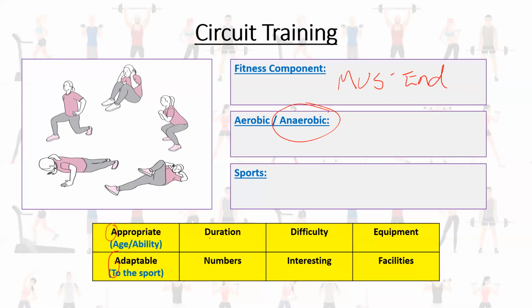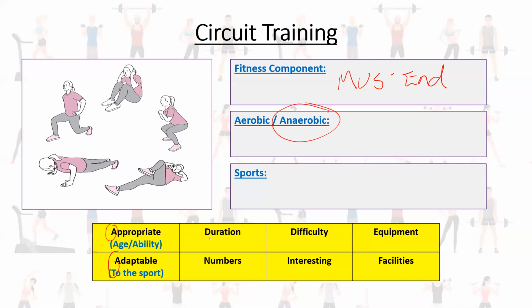Now, you're not saying circuit training is a bad method of training. What you're saying is that for certain individuals, whether it be based on their age or their ability, adjustments would need to be made for the circuit training to be effective. Otherwise, it's not actually going to benefit the performer, so it's a bit of a waste of time. That's the point you're making.